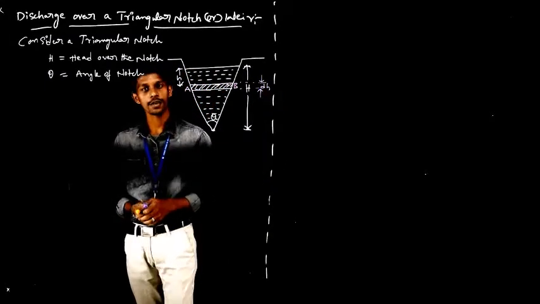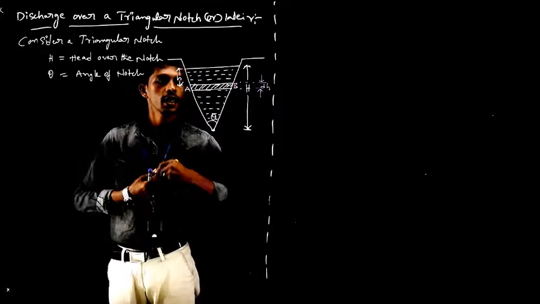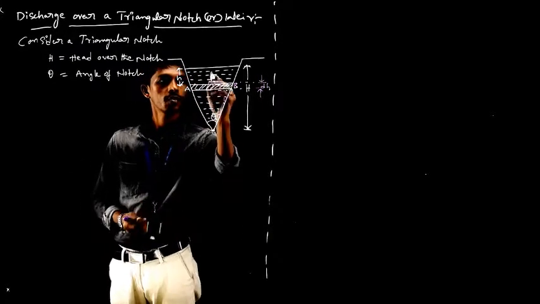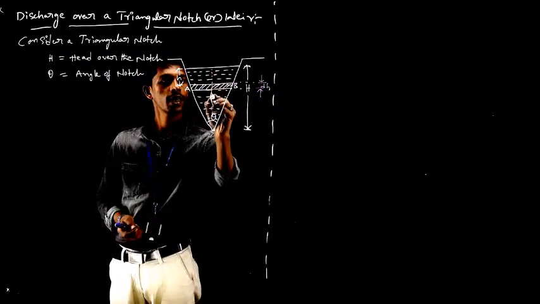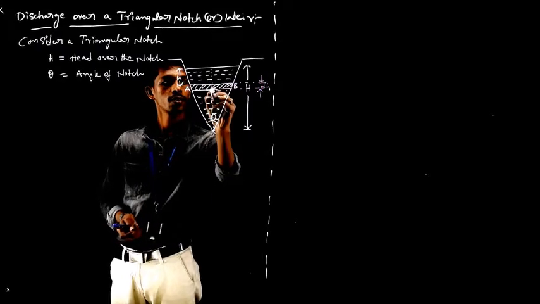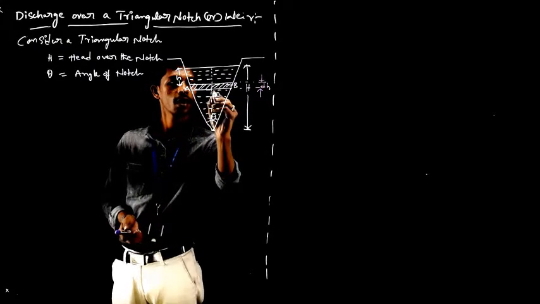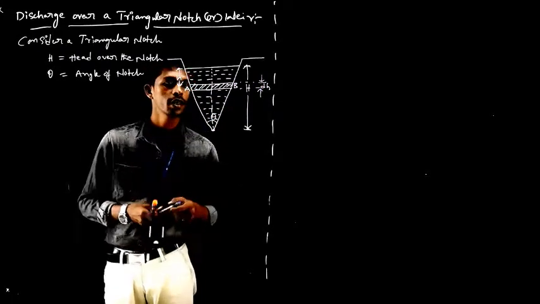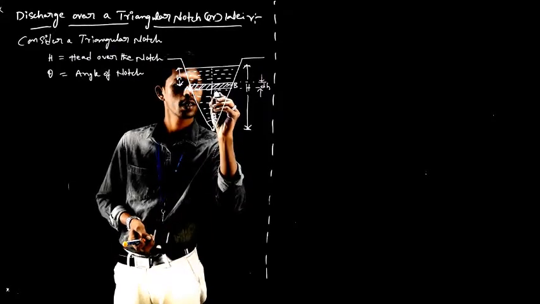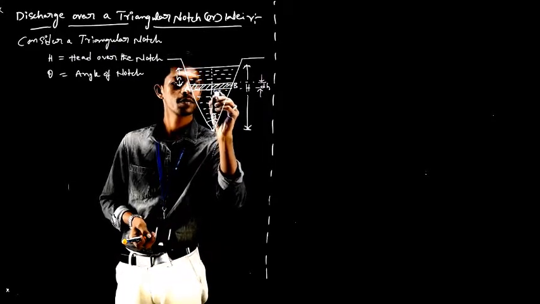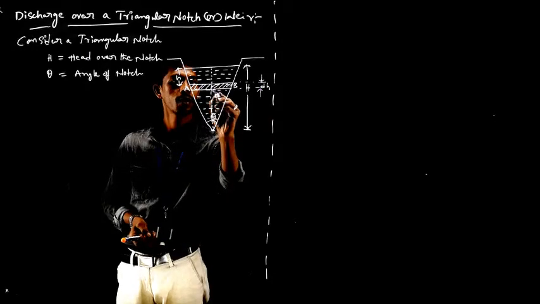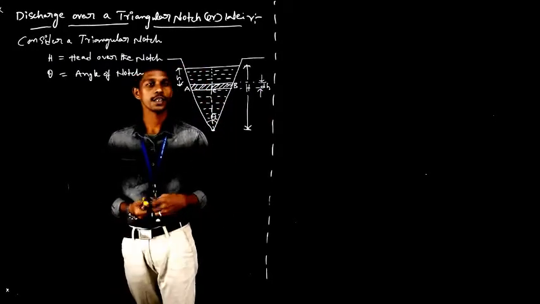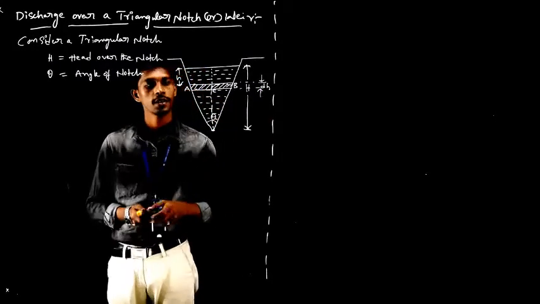The strip is of thickness dH, and I am drawing a perpendicular line to this. At this meeting point, I am fixing another point which is C. Capital C is the midpoint of the particular strip I have selected.